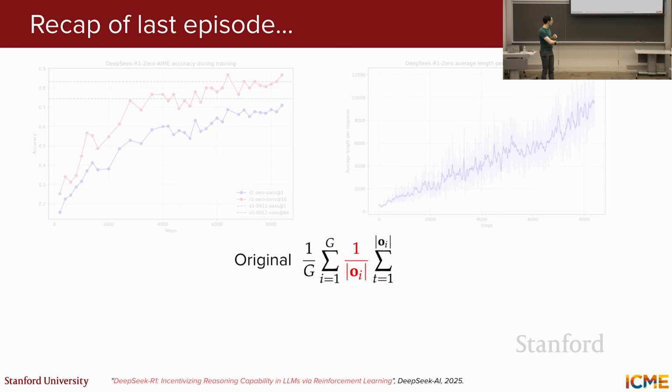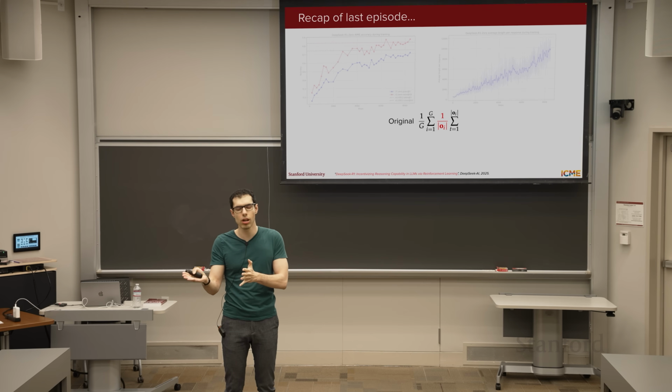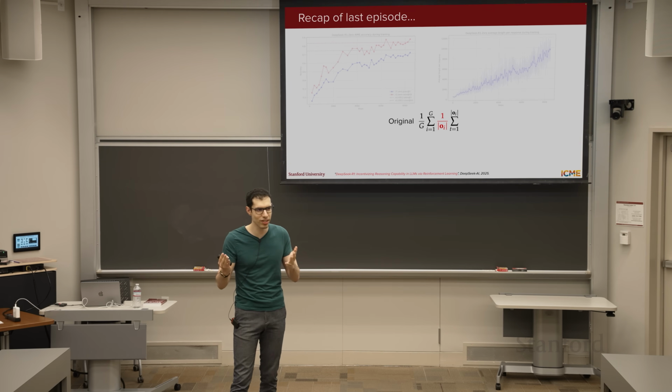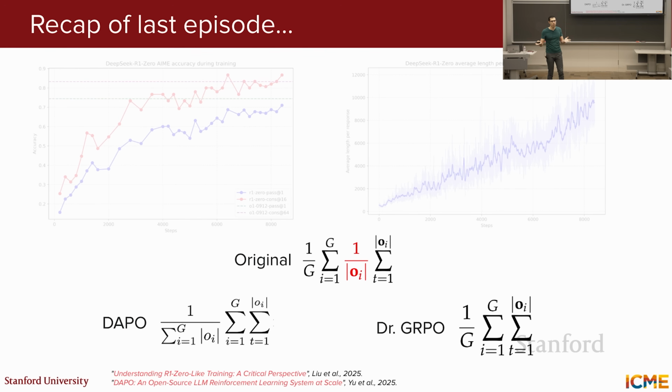So then what we did was go back to the loss formulation that is used by GRPO and realize that there is a term that makes the contribution of a token different if it is in a short response or a long response. This is a phenomenon called length bias, and we saw some mitigation strategies that were explored by some papers that came out in the past few months.